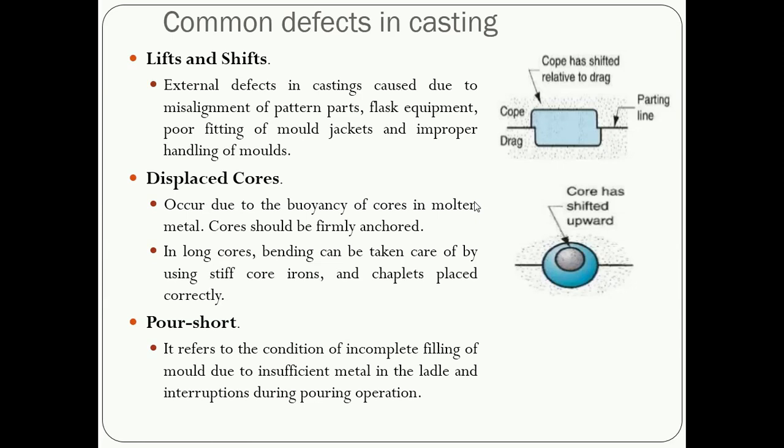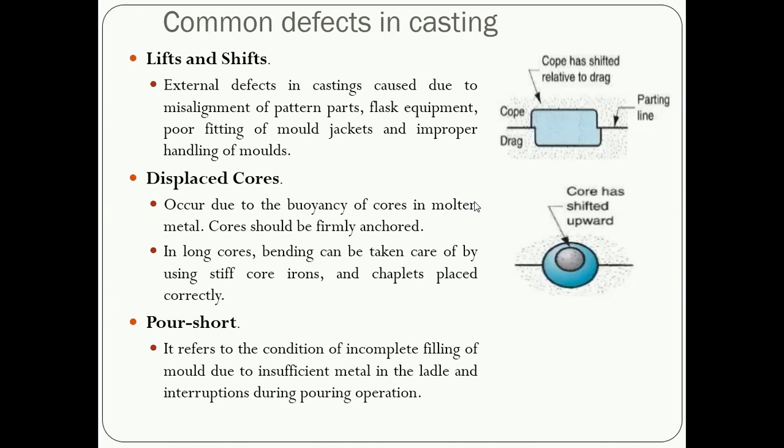The stone jumps 3 to 4 times, then goes deep into the water. The force exerted by that water on the surface of that stone is a buoyancy force. In the same manner, the force is acting on that core, and that force is responsible for shifting of the core. So the core should be firmly anchored by using metal pieces.